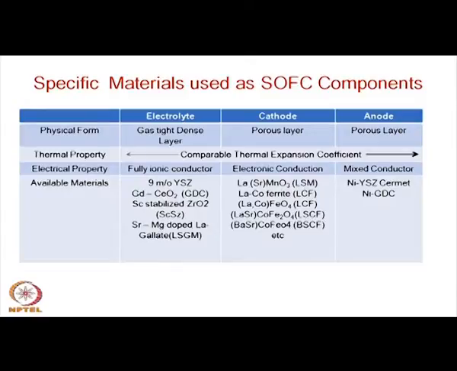So, one has to make a compromise or optimize how much percentage of nickel and how much percentage of YSZ has to be used for these cermets. We will discuss a little bit the basic principle on which one decides or optimizes the composition. So, these are the different materials of interest.